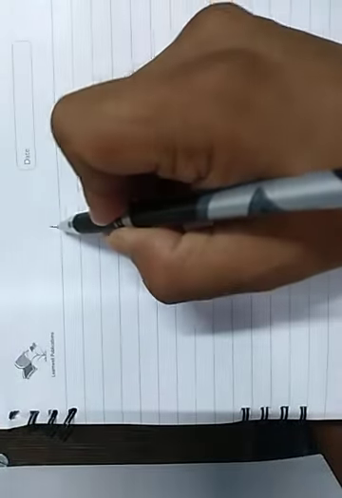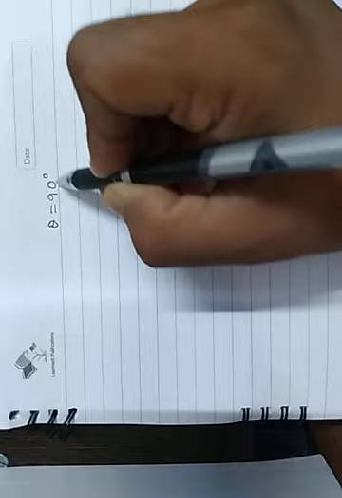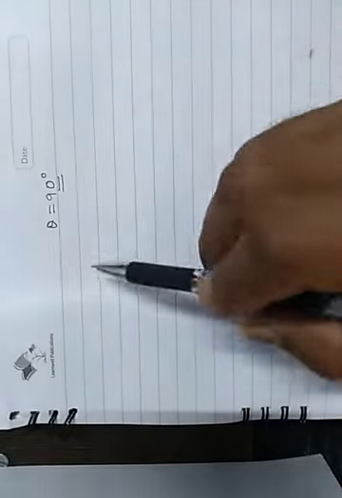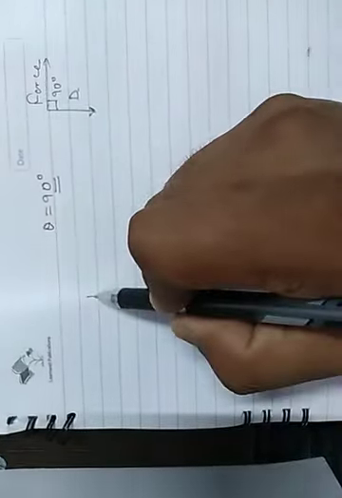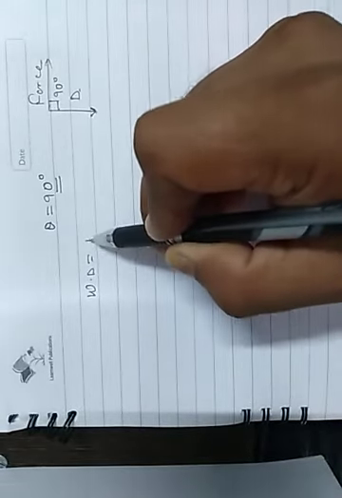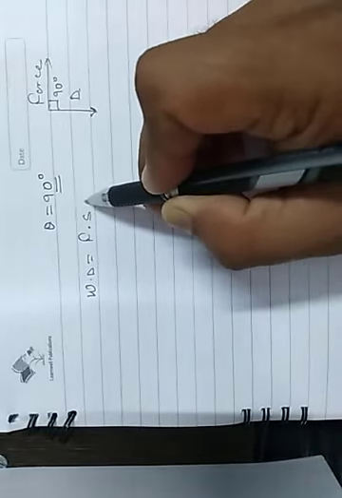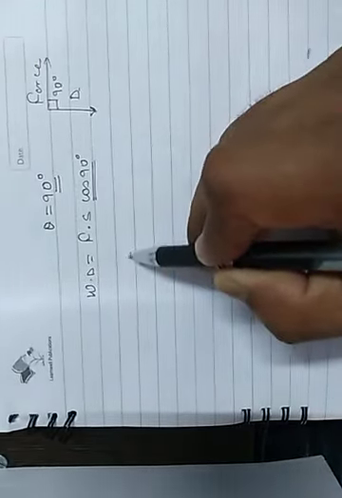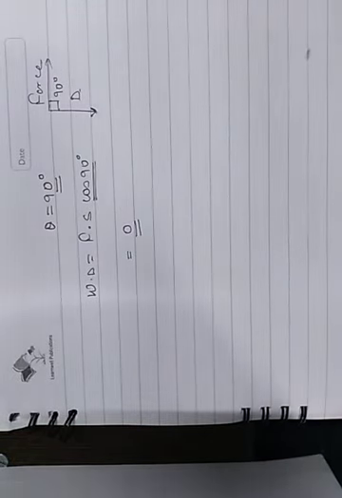So if theta becomes 90 degrees, when will it become 90 degrees? When force and displacement are perpendicular to each other. If theta is 90 degrees, then work done as per our new formula F S cos 90, and we know cos 90 is 0, so work done will also be 0.